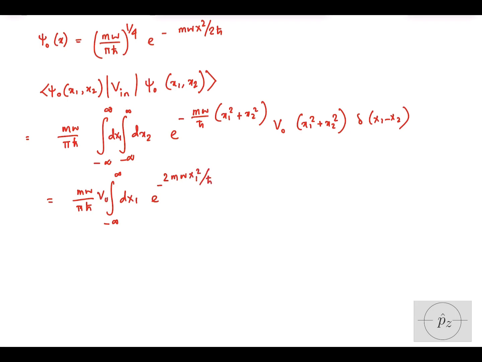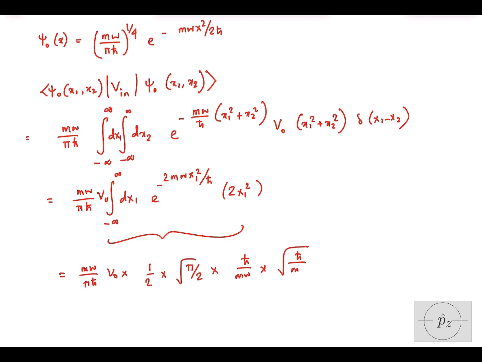V naught can be taken outside, and we have 2 x1 squared. So if you do this integral, you will find m omega by pi h bar, V naught, times half, times square root of pi by 2 h bar by m omega. Now we simplify things, so h bar cancels out, m omega cancels out, so we have V naught times the square root of h bar by 8 m omega pi.